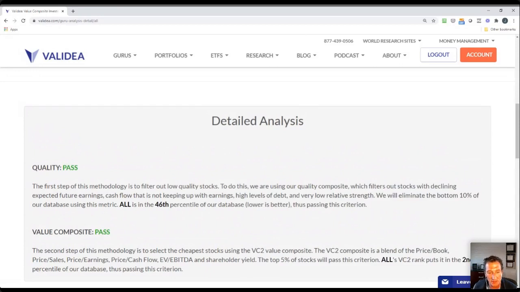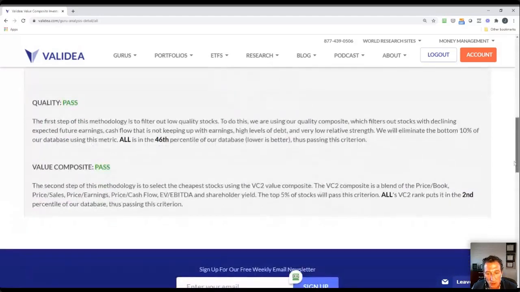In this case, Allstate's in the 46th percentile. Okay, good, positive, passes that criteria. Then we look at the stock using a composite of the following value criteria: price to book ratio, price to sales, price to earnings, price to cash flow, enterprise value to EBITDA, and shareholder yield.